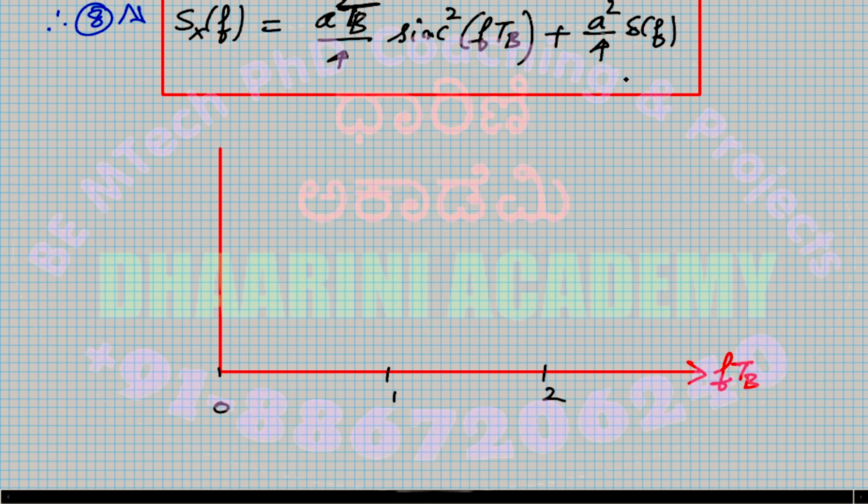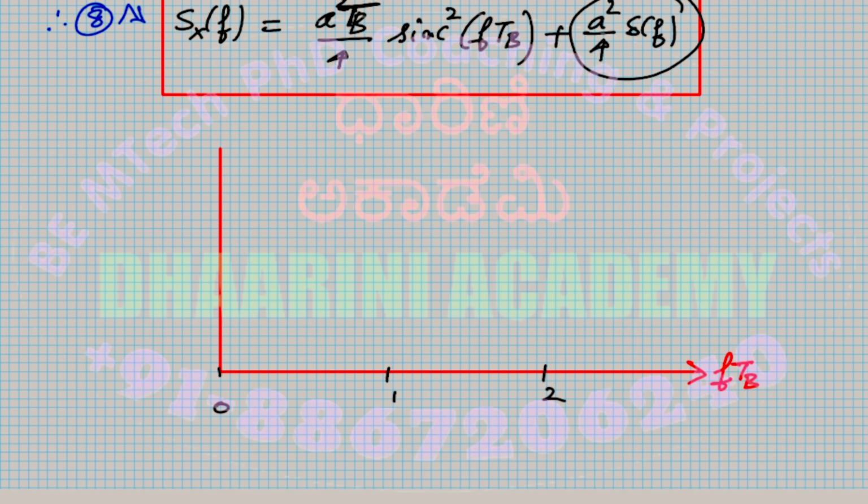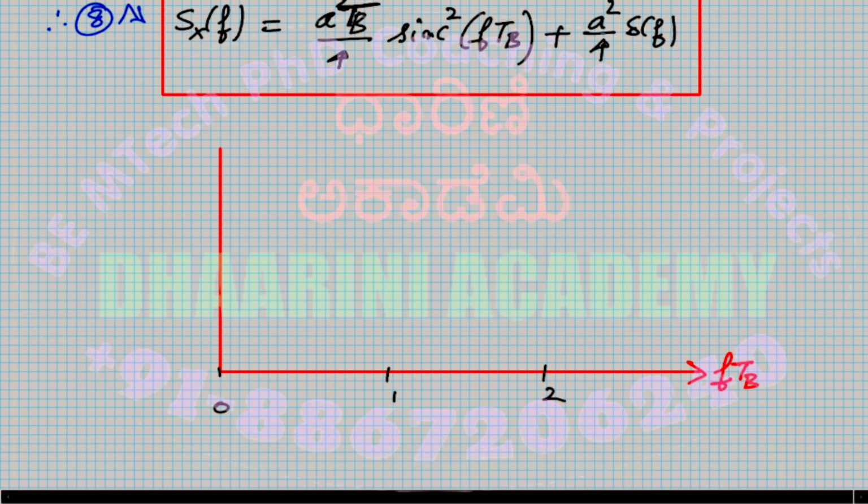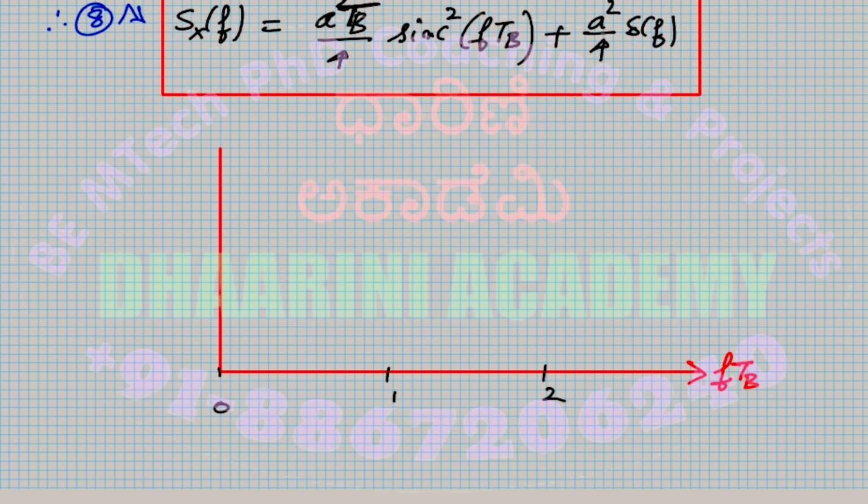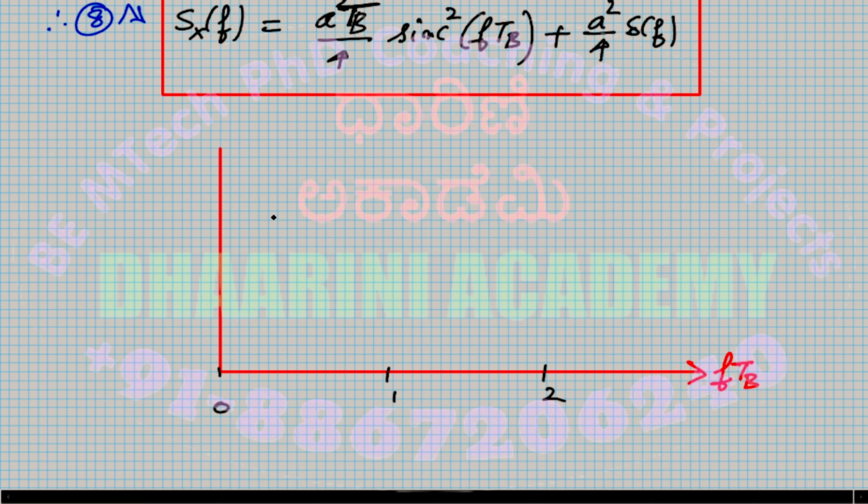Now I can see that there is a delta function, and it is delta of f. Whenever you say this is delta of f, where should it be marked? It should be marked at 0, location 0 and magnitude 1, isn't it? Since my axis is this, I'll mark exactly at 0.